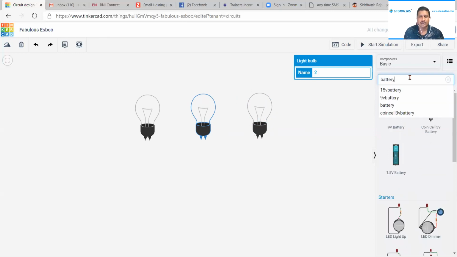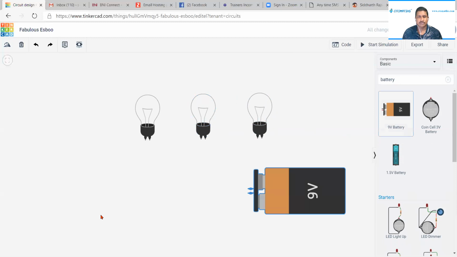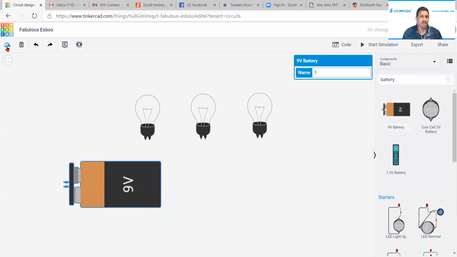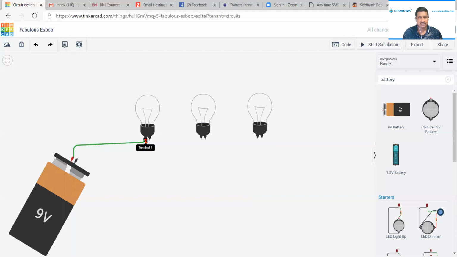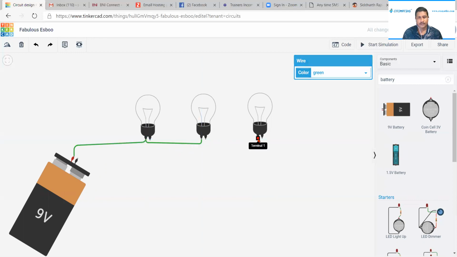I'm showing you the battery. For this experiment, I'll take a 9-volt battery since the bulb will work with a 9-volt battery. So you need to watch it clearly. This is the positive. As I mentioned earlier, any pin can be used as positive and any as negative, right? So what I'm doing is connecting all the first terminals together.